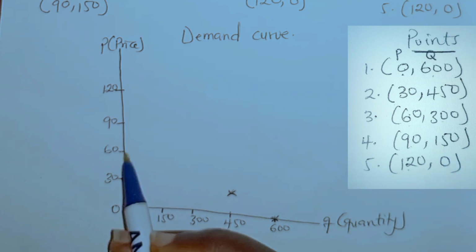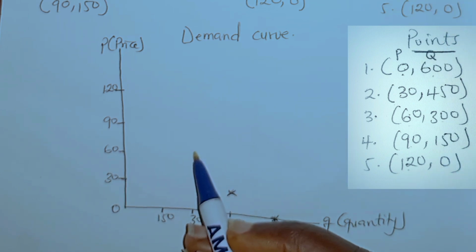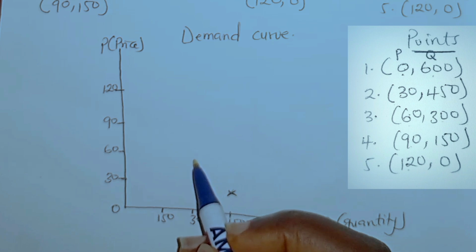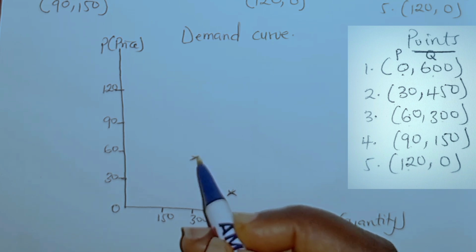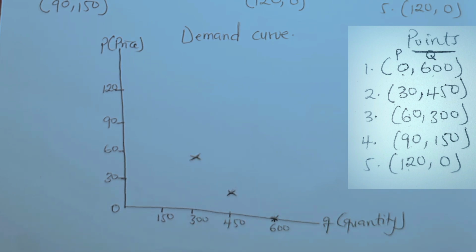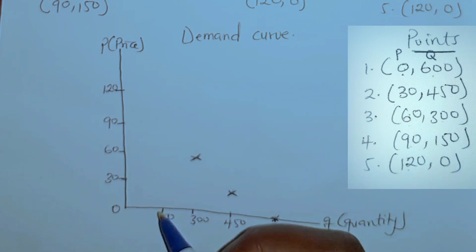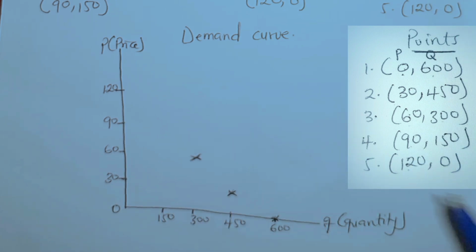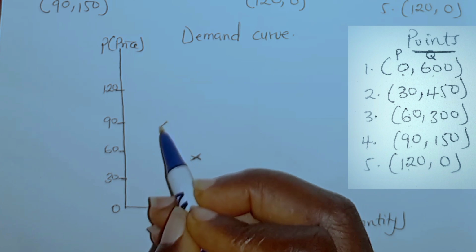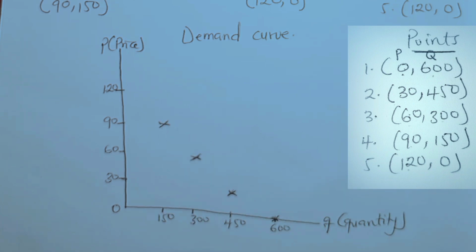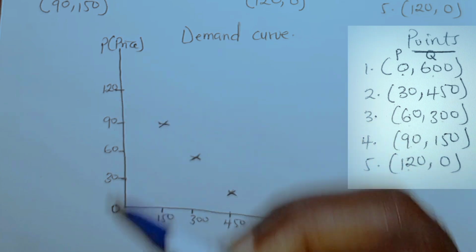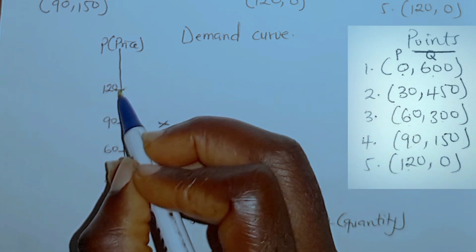Then 60 to 300, neatly plotted. When price is 90, quantity is 150, neatly plotted. And then at price 120, quantity is obviously 0.